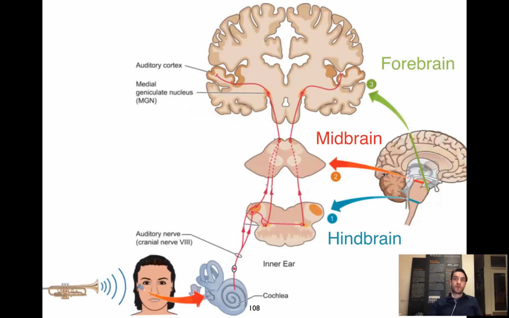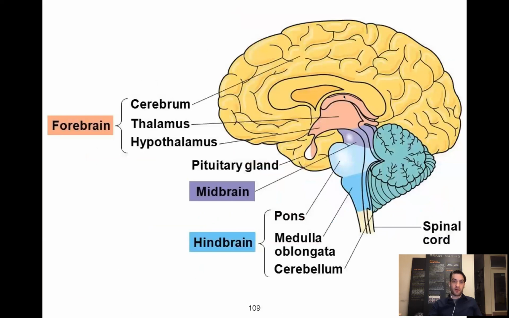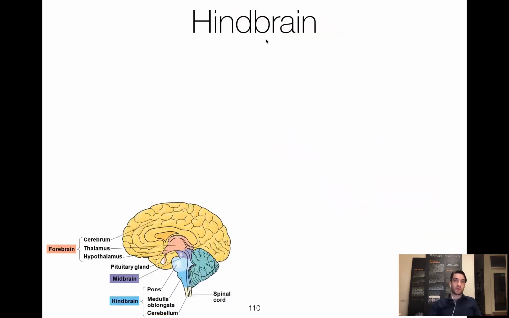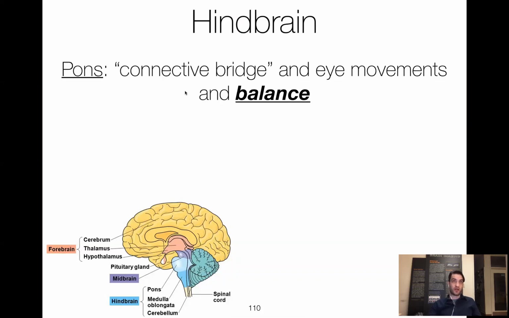Real quick, I want to remind you that we were talking, I think in the first of these lectures on audition, about how sound signals have to go through the hindbrain, the midbrain, and the MGN to get to the forebrain. I talked about it in terms of the midbrain and auditory orientation, but I want to remind you what we talked about way back in week 3 about the hindbrain. One of the things we said about the pons, which is a part of the hindbrain, is that it is a connective bridge, and it is involved in eye movements and balance.